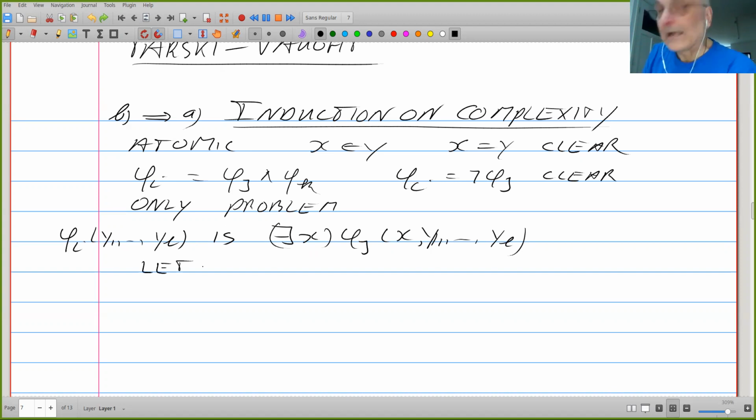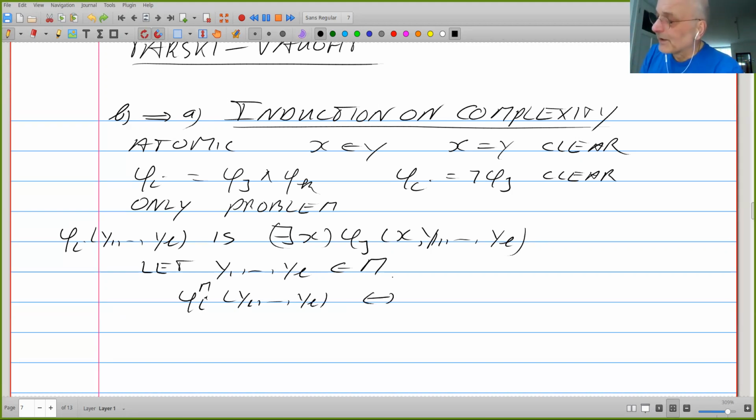Okay, I'll identify the variables with the members of M. So take members of M. Let's not overload our letter quantity too much. Oh, wait. We look at phi I, y1 up to yl.